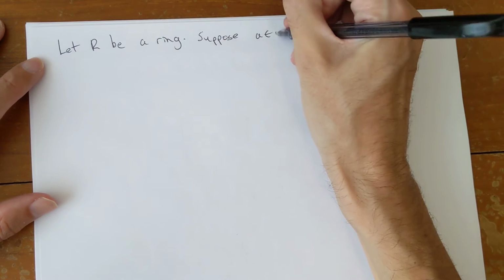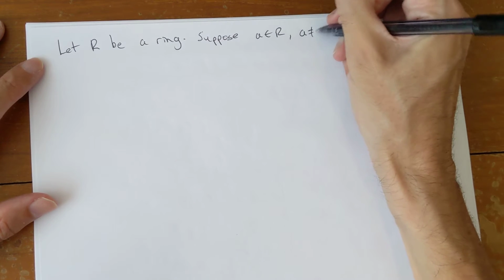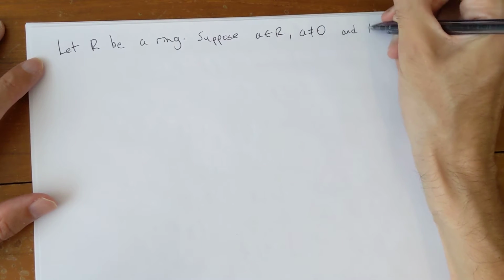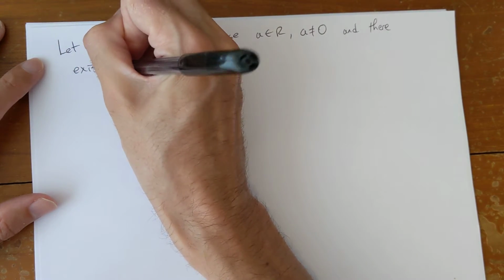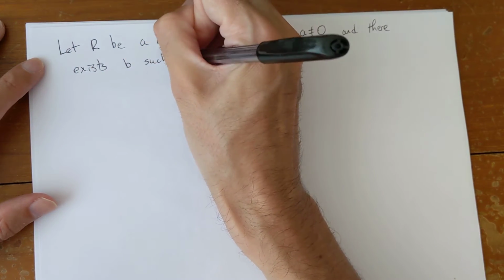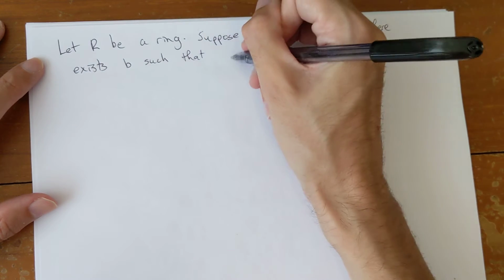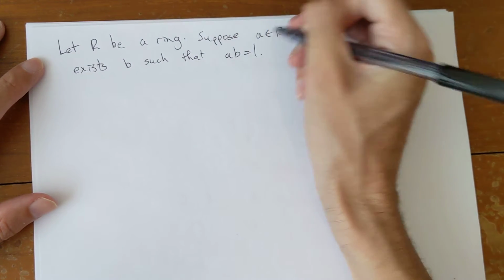So suppose A is in the ring, A is non-zero, and there exists B such that AB equals 1.